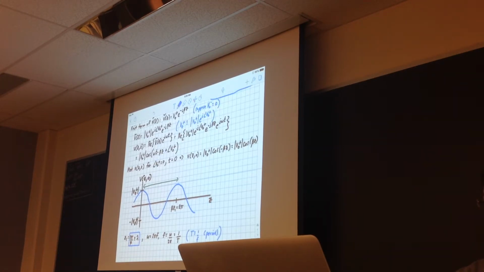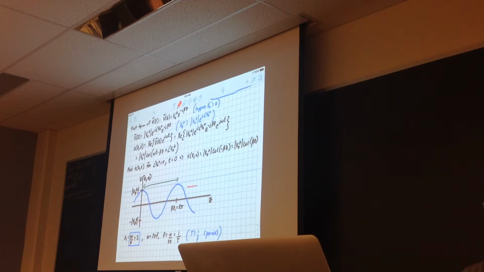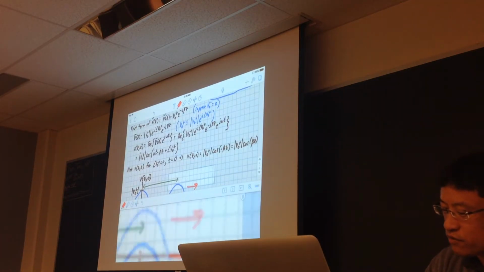So this whole waveform is traveling to the right. Imagine this whole cosine translating to the right. So we would call this an example of a traveling wave.